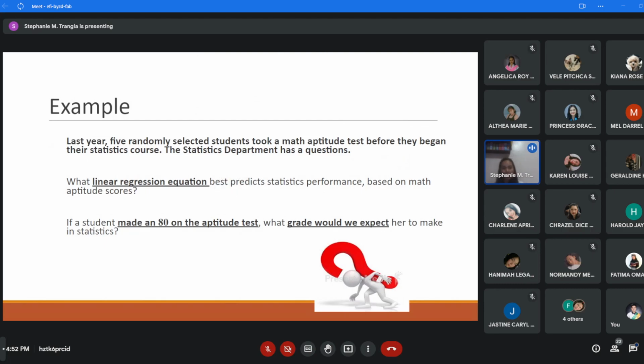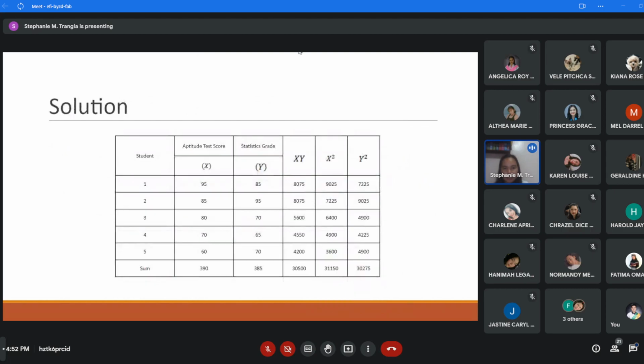So, ang atong dependent variable dari class is actually our statistics grade. And if a student made an 80 on the aptitude test, what grade would we expect her to make in statistics? So, our aptitude test score is in X. Our statistics grade is in Y.